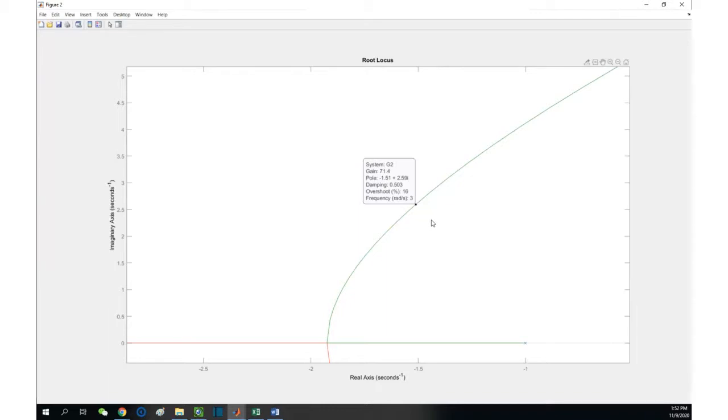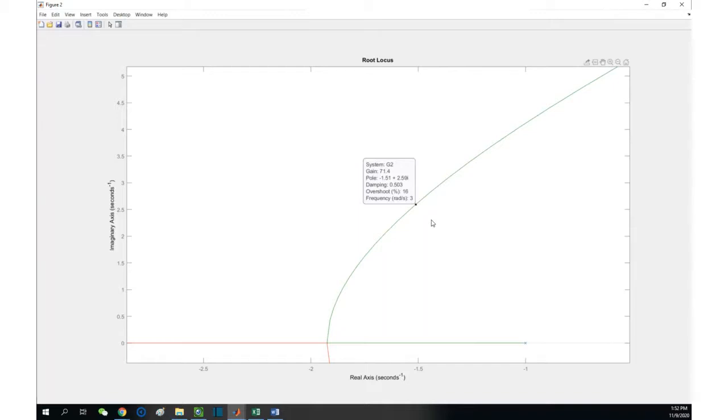See? All right, so what do we got? From the compensated system root locus, at zeta equals 0.503, you can find the new gain, K prime, which is equal to what? What's the gain now?